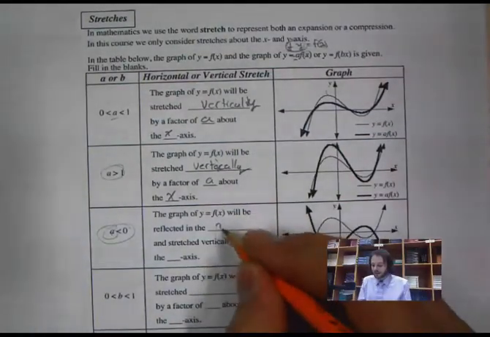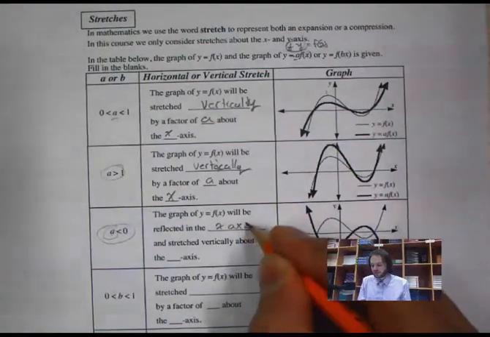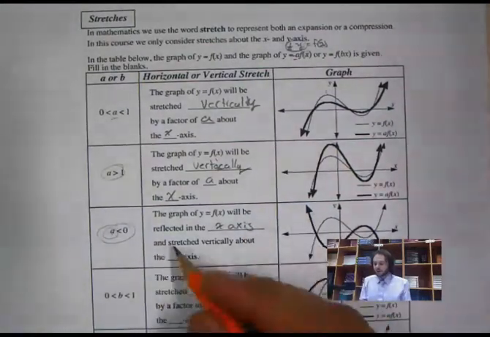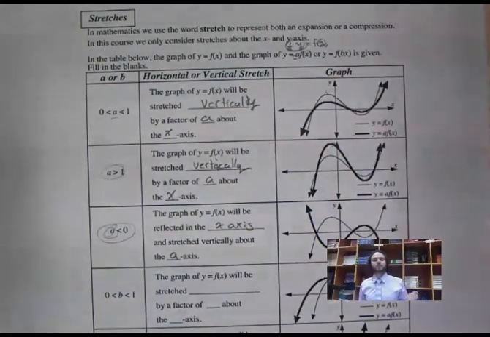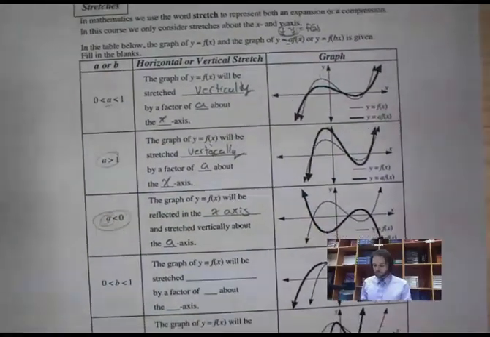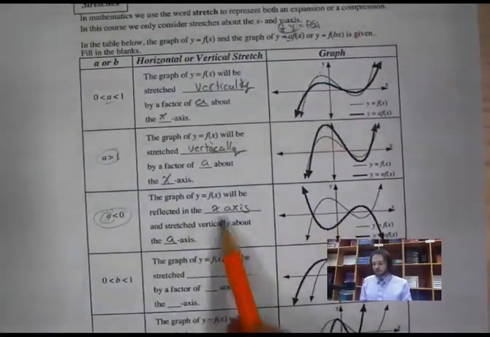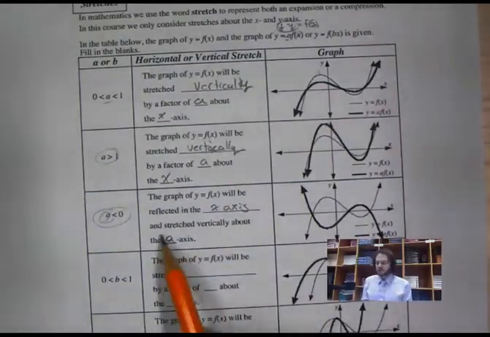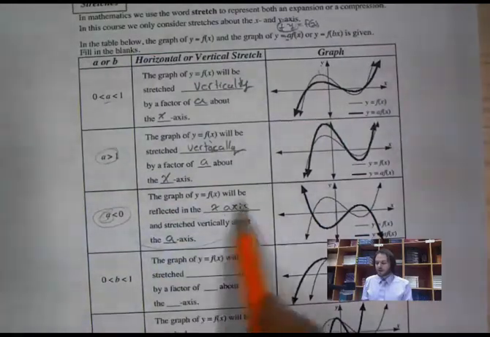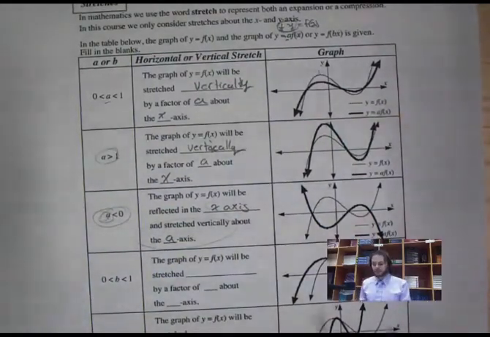So it's reflected in the x-axis and stretched vertically by a factor of a. So we do the reflection first, and then we stretch it vertically, or we stretch it, then do the reverse. If we were to graph this, I would first stretch vertically and then reflect it, okay?